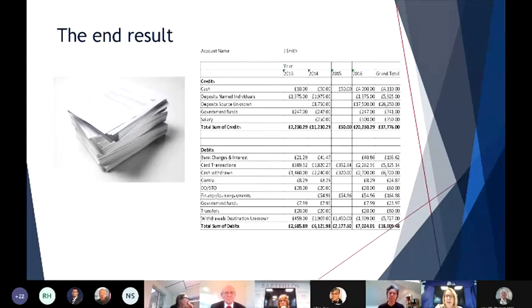But if there is a high volume of bank statements, then we will just do this processing element for them. So it takes some of the laborious work out of it. We can do that as a standalone project and just give them the figures back for them to then drop in their report. So it can be used both ways if that is useful for anybody.